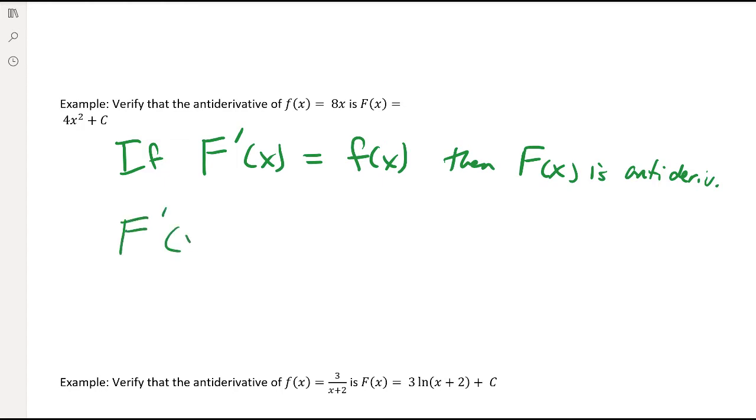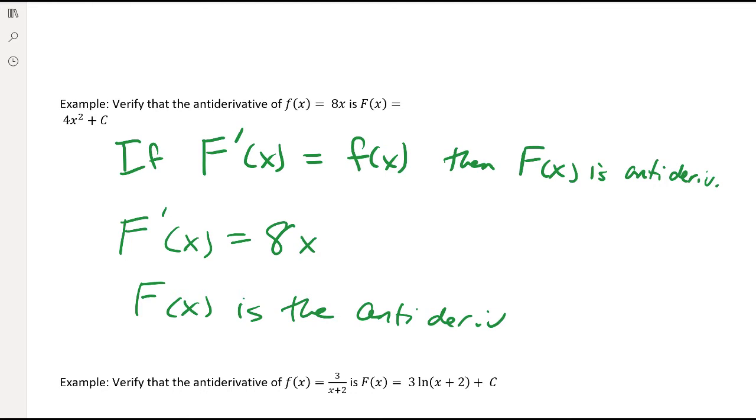So big F prime of x will be, well, the derivative of 4x squared is 8x, and then plus C. Remember I told you that C represents any constant, so the derivative of any constant is 0. Therefore, F prime of x equals 8x, which indicates that yes, big F of x is the antiderivative.